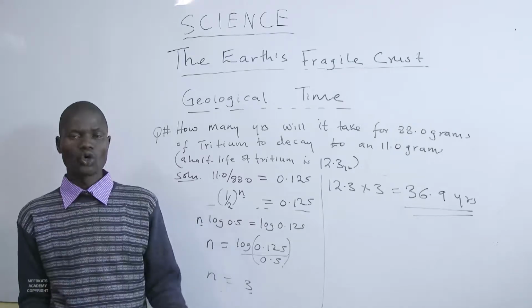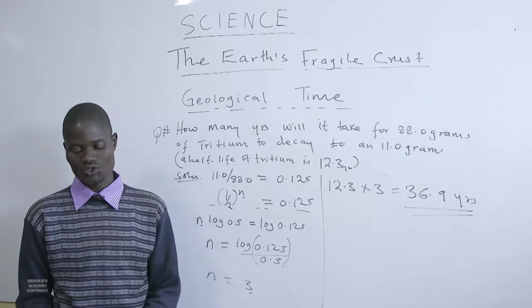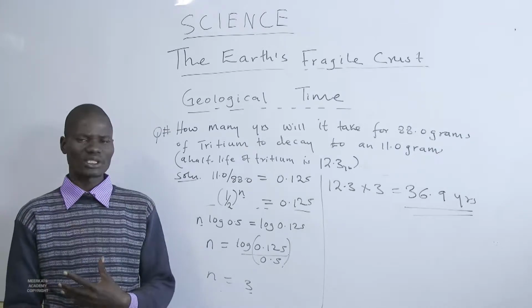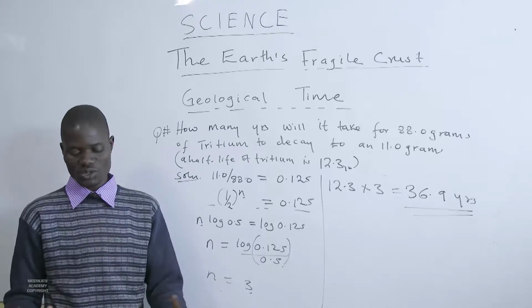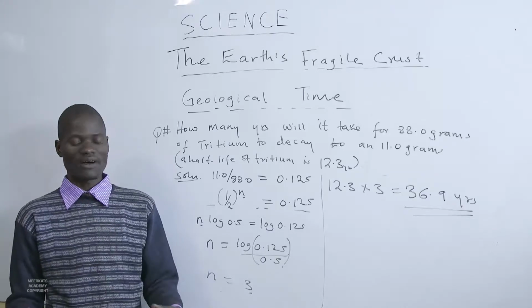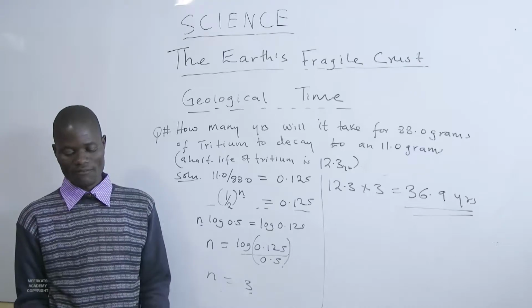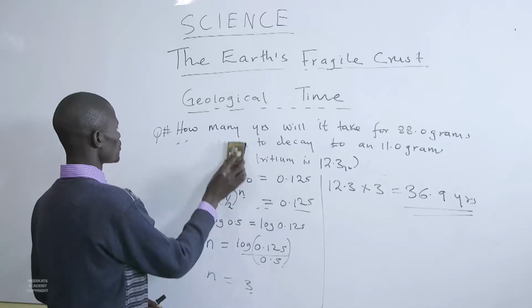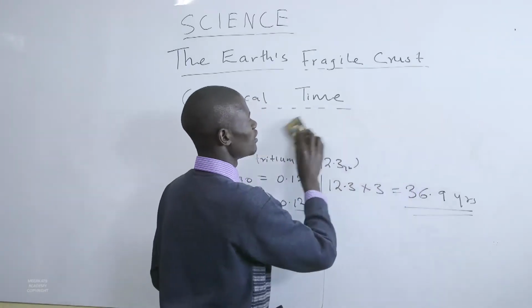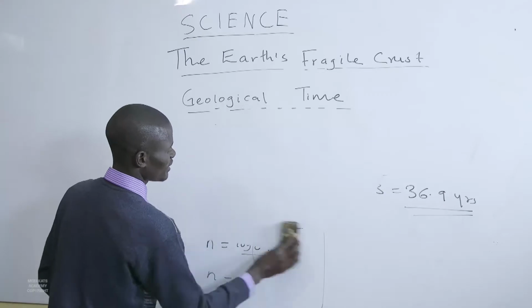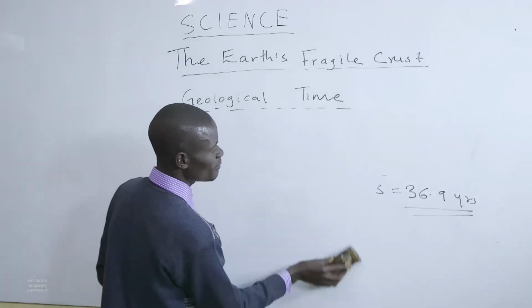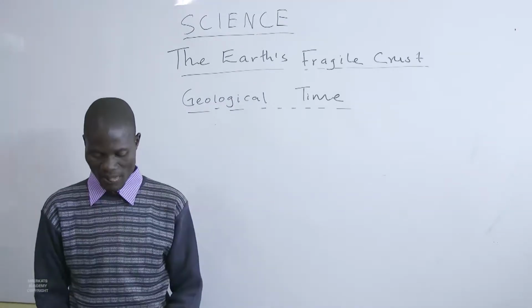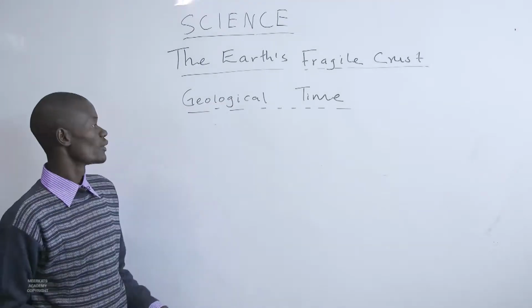This is the method that we refer to as absolute dating. Therefore, there are various rocks, and most rocks contain substances that gradually decay into other substances over a given period of time. For example, we have found that uranium decays over a given period of time and changes into lead.